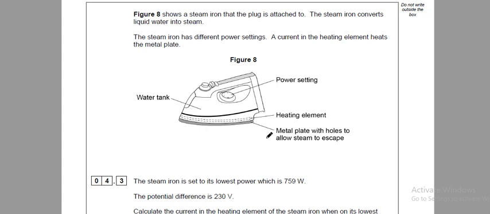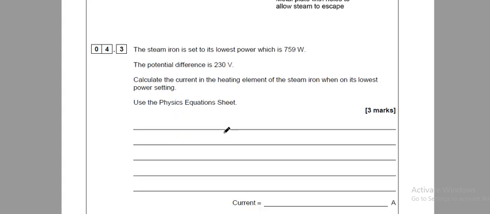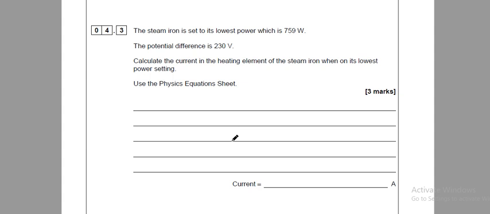The figure shows the steam iron that the plug is attached to. The steam iron converts liquid water into steam. The steam iron has different power settings. Current in the heating element heats the metal plate. The steam iron is set to its lowest power and the potential difference is given.